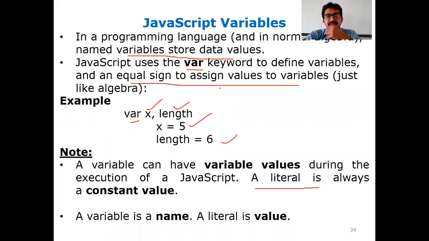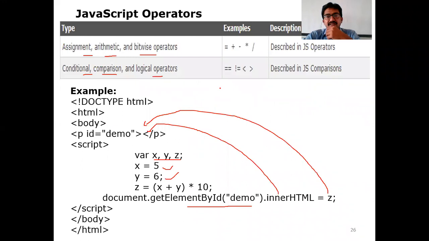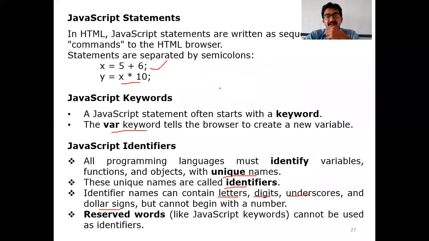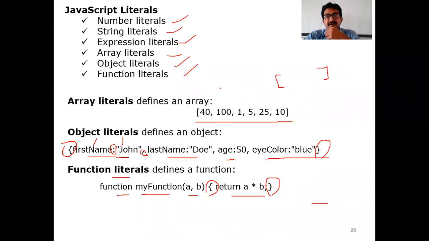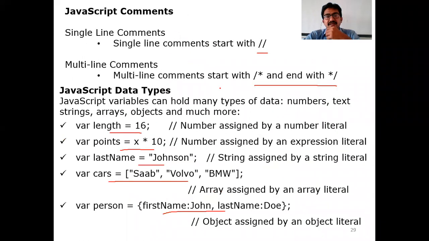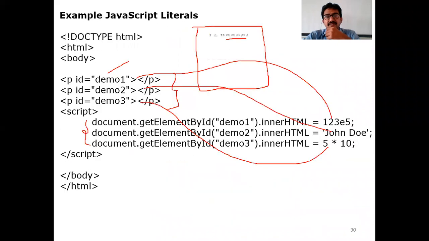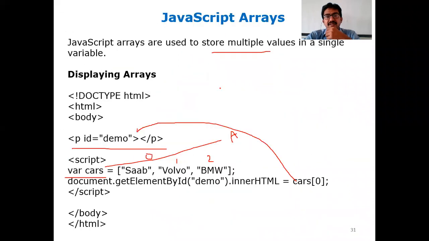We have seen JavaScript variables with different examples, and how arrays can help, and comments, keywords, identifiers, literals, and data types. The entire thing will be considered.